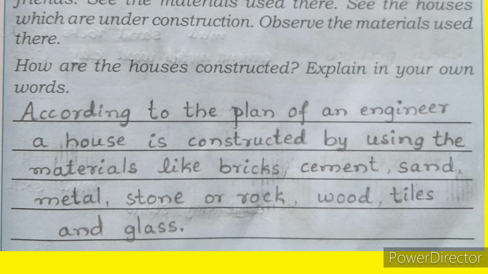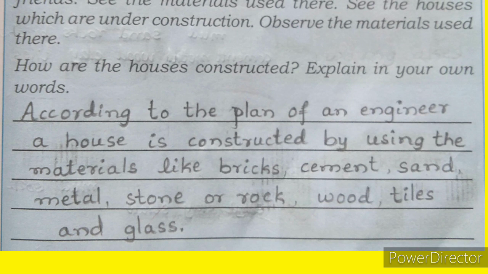Explain in your own words. According to the plan of an engineer, a house is constructed by using materials like bricks, cement, sand, metal, stone or rock, wood, tiles and glass.